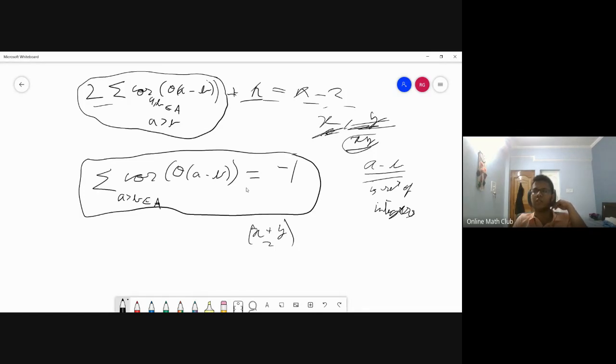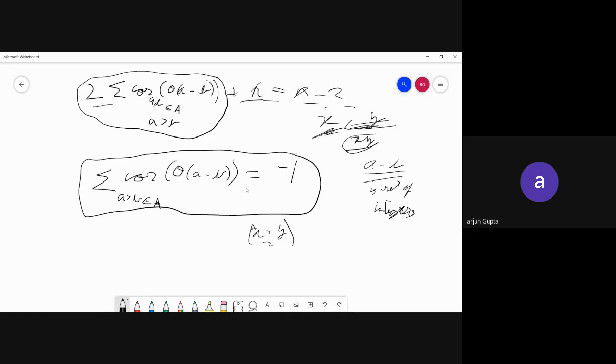Interesting. I think we can conjecture that given any positive integers b1, b2, ..., bk, there exists theta such that the summation of cos of theta times bi is less than or equal to minus 1, and I think we can do this by induction by making the induction statement something stronger, like there are infinitely many solutions or something like that.